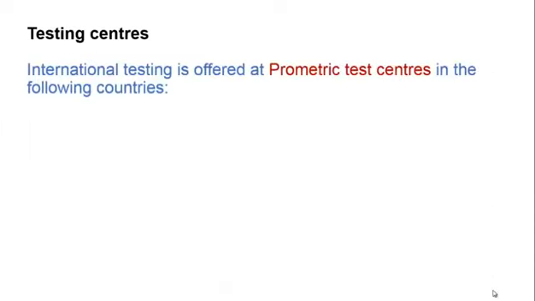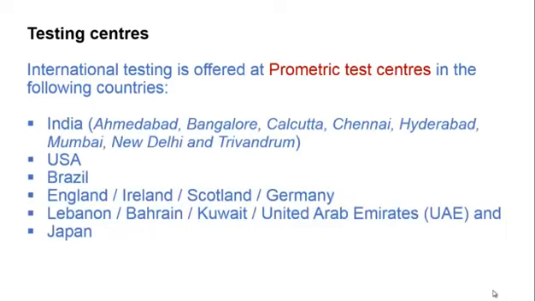For the testing centers, till date there was no exam center available in India, but due to the corona pandemic, the institute has made an announcement today, on April 2nd, 2020, that in India, across several locations including Ahmedabad, Bangalore, Calcutta, Chennai, Hyderabad, Mumbai, New Delhi, and Trivandrum, you have the Uniform CPA exam being offered at the Prometric centers.